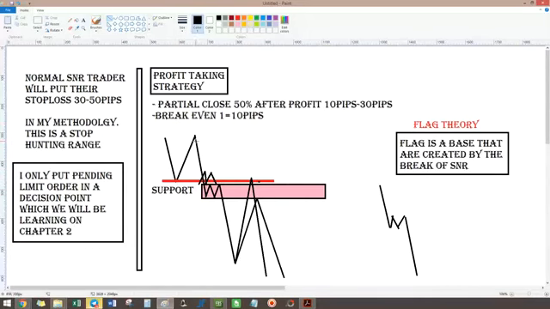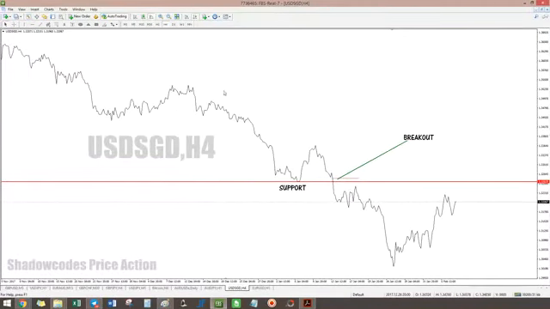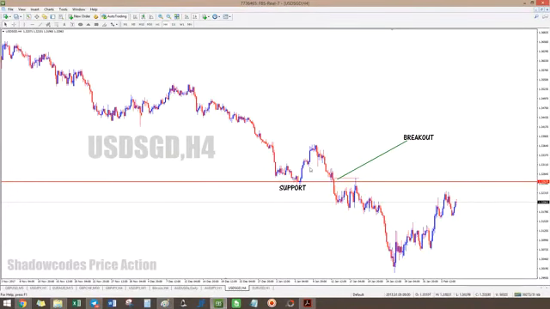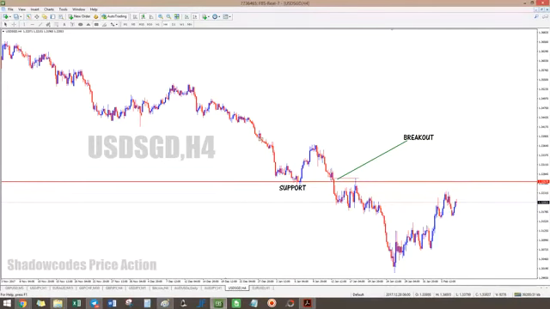You need to break an important level to become a flat. For example, over here, this did not break anything, it's just a base drop, so this is not a flat, this is just a DBD. But this one is breaking the support, so over here we have a flat zone.